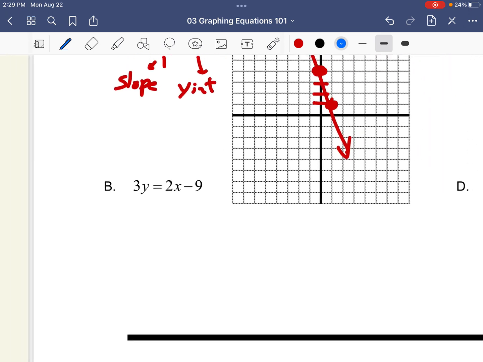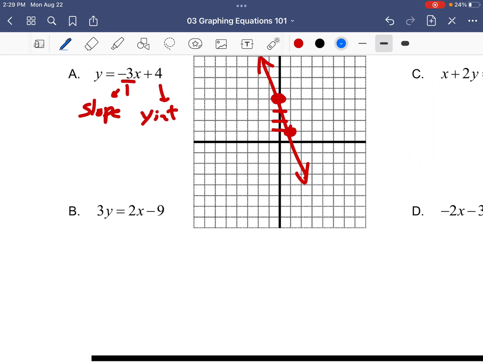Now the second equation, it's not in slope-intercept form yet. Okay, it's not in slope-intercept form until it's y equals. So that 3 right there, you want to divide it away. You want to do the inverse operation. Notice that I'm getting ready to divide everything by 3. That is on both sides of the equation.